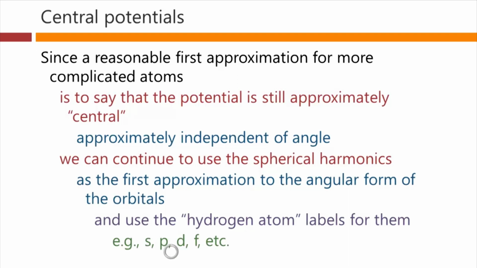That is, the s, p, d, and f labels. And that's exactly what we do. Even for more complicated atoms, we can still use these labels here, at least as a first approximation, for talking about the various orbital states in complicated atoms. And that's because we can approximately say that even in a complicated atom which has lots of electrons in it, the potential is still approximately independent of angle.